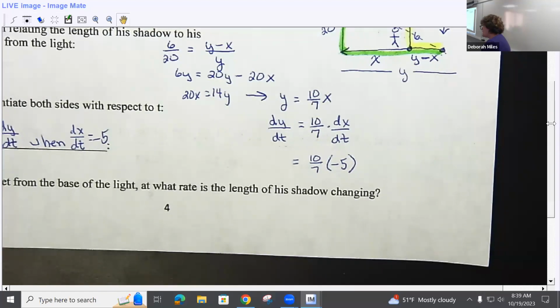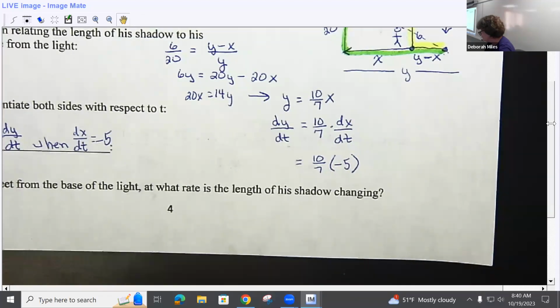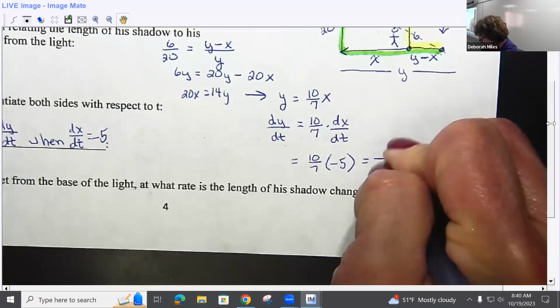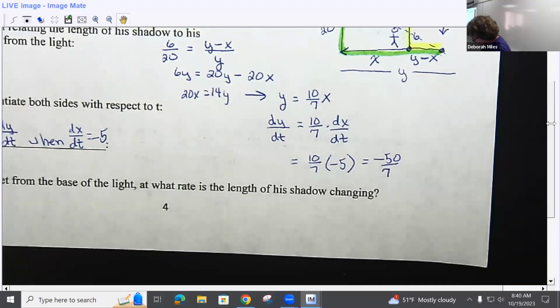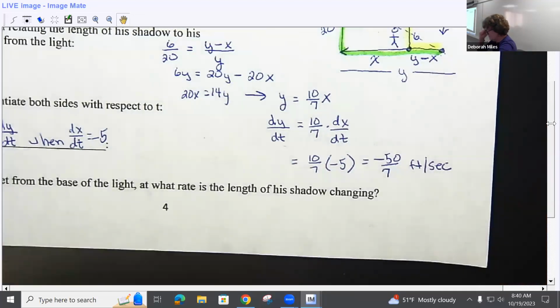Oh, you're saying, do I need the word when there? It's okay to use it. But if somebody says, when is dx over dt -5, I'm gonna say all the time. Yeah, it's always -5. So 10/7 times -5 is -50/7. And what's the units on that? Feet per second. I just left that a fraction.